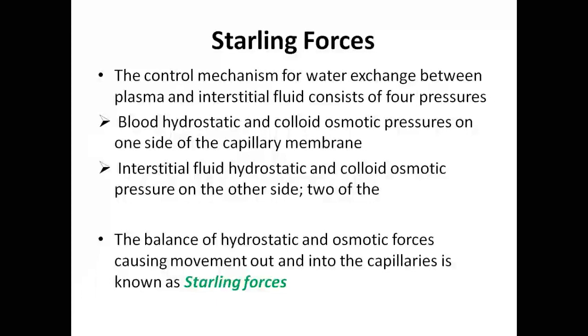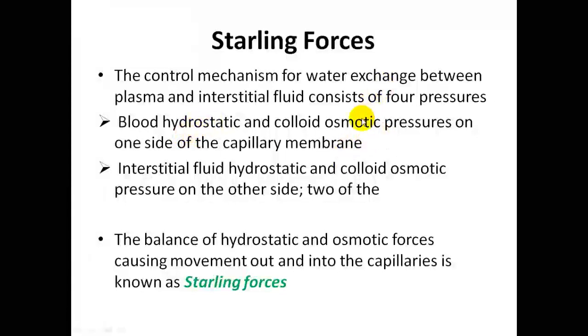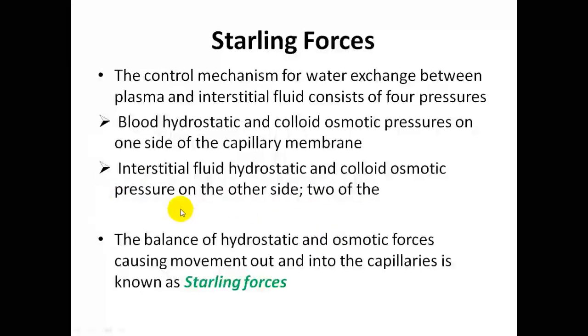4 pressures. So we have hydrostatic pressure and osmotic pressure, which are found within the capillary, and we have the interstitial hydrostatic pressure and the colloid osmotic pressure, which are found on the other side, in the interstitial part of the compartment.